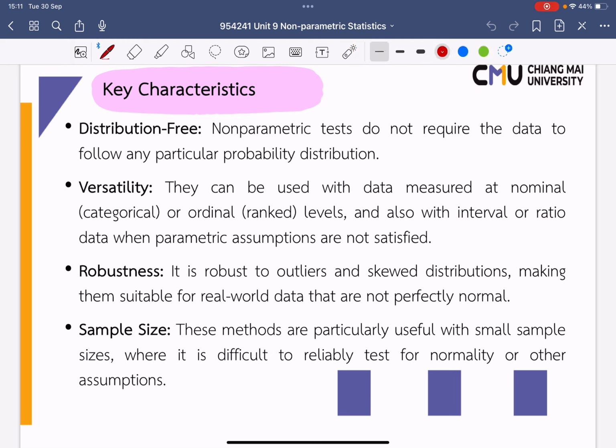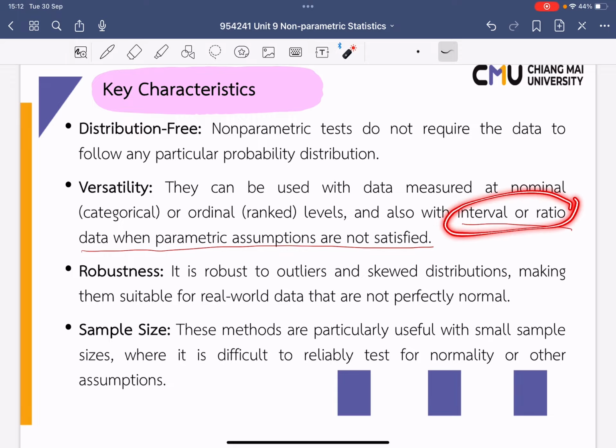In case the assumptions are satisfied, we use parametric. But if the assumptions for parametric are not satisfied, then we use a nonparametric test for interval or ratio data.